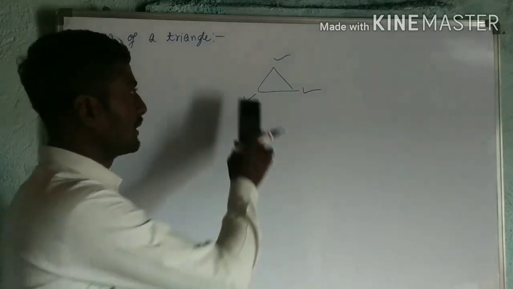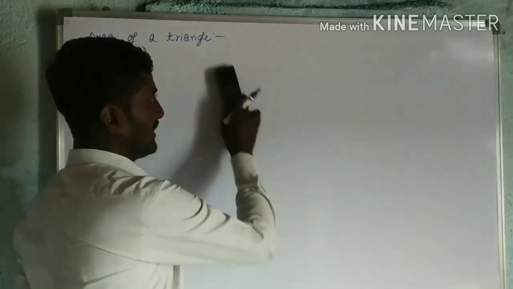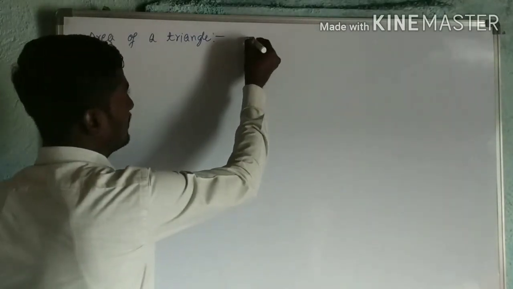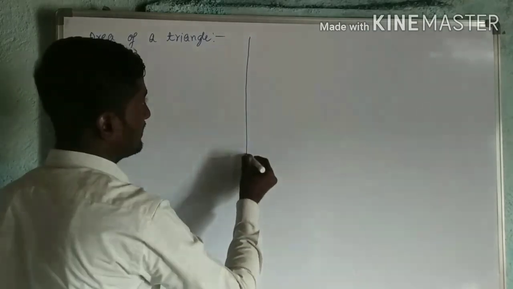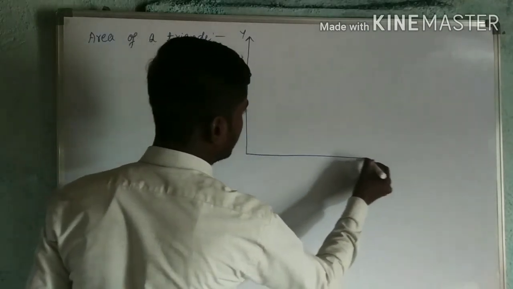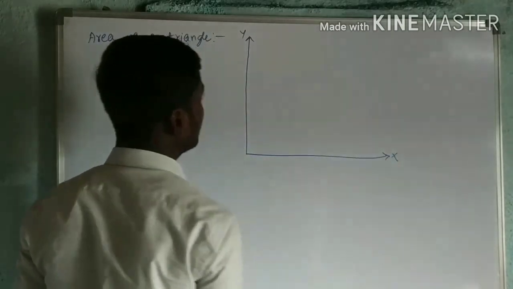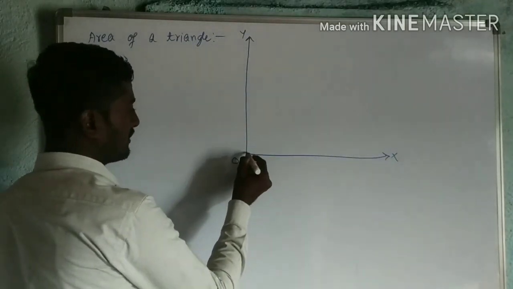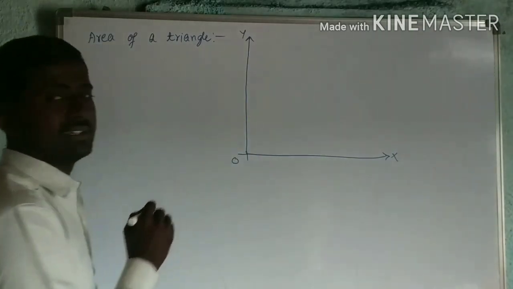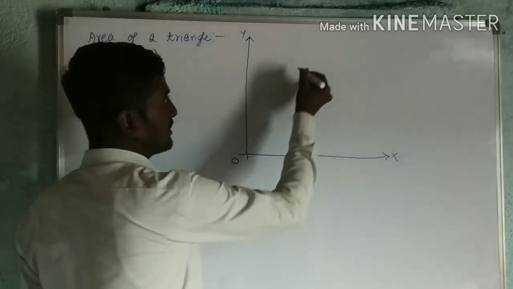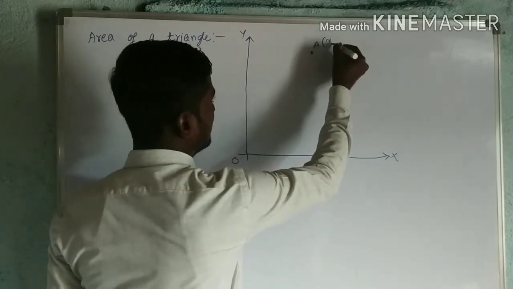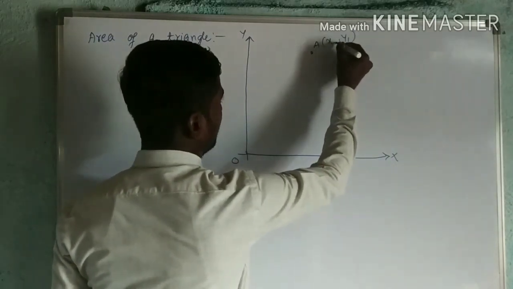Now here, first I want to draw the diagram. I will take this as the y-axis and this as the x-axis. This is the origin. Now I am going to consider three vertices of triangle ABC. This I will take as A, x1, comma y1.